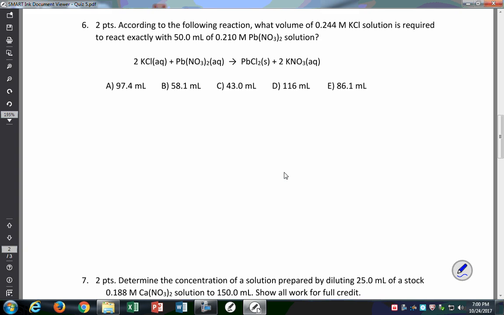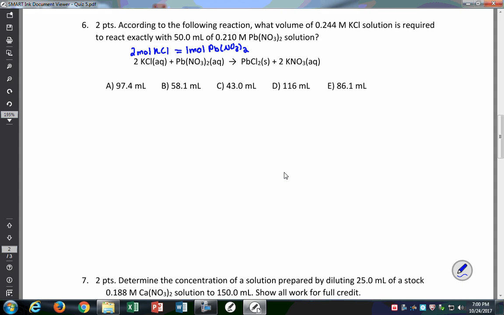What we know is that 2 moles of KCl are required to react with 1 mole of PbNO3 because that's what our coefficients tell us. So if we know the amount of moles of PbNO3 we have, we can calculate the amount of moles of KCl we need. Can we do that?